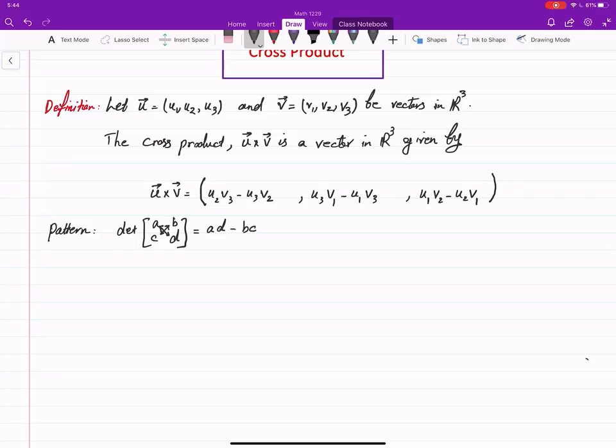AD minus BC is the determinant. So why is this important?